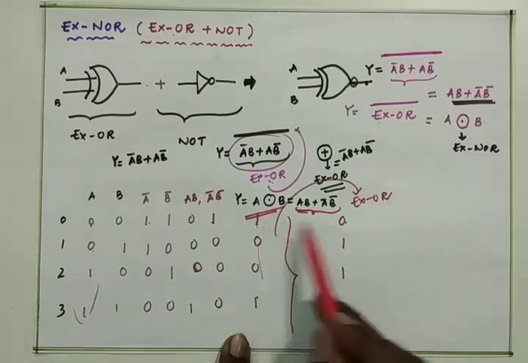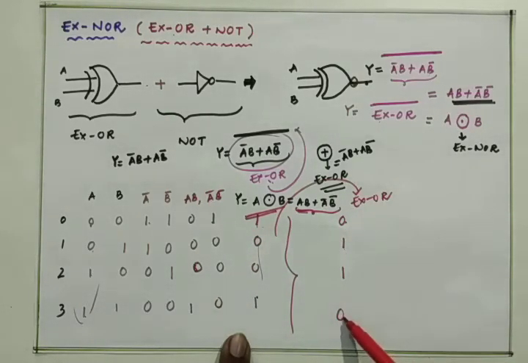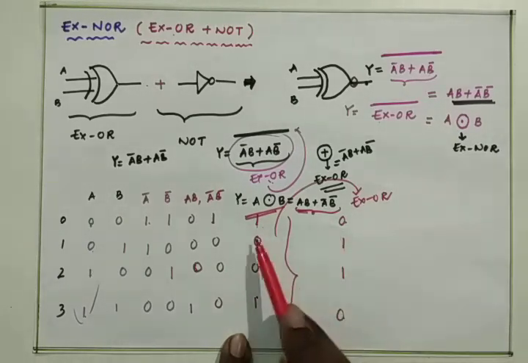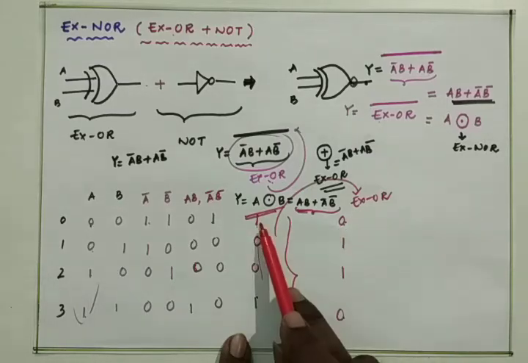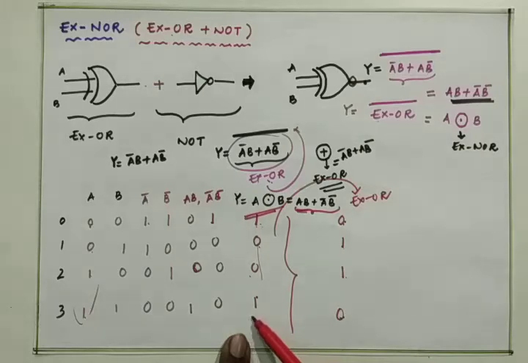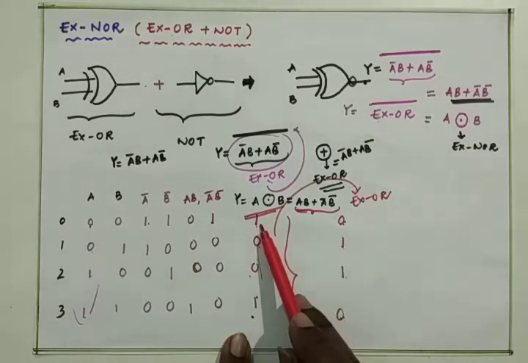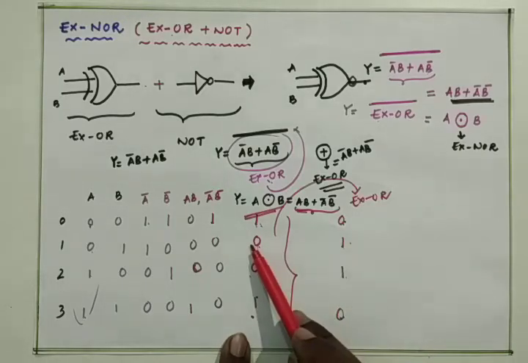If you compare XNOR and XOR, XOR is 0, 1, 1, 0 and XNOR is 1, 0, 0, 1. Comparing both outputs, 0 becomes 1, 1 becomes 0, 1 becomes 0, 0 becomes 1. Wherever 0 is there it gives 1, wherever 1 is there it gives 0.